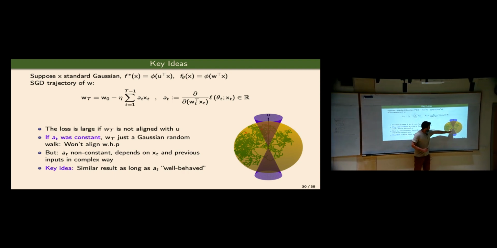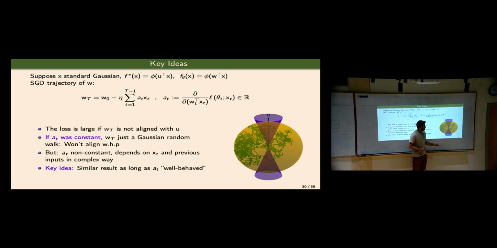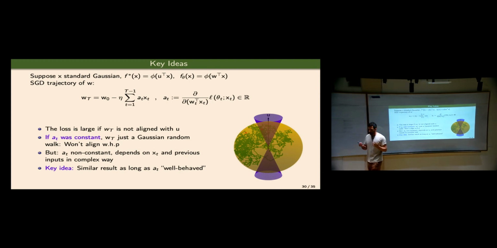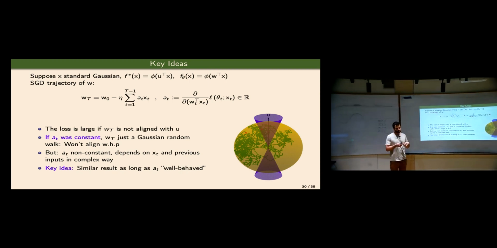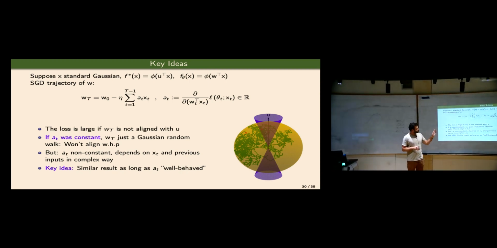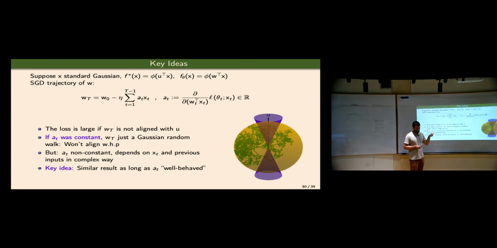If this is the u direction, we want the weights W to be relatively aligned with u. So this is like this purple cone. But when we initialize W in general, it's not going to be. If you take a random W, the alignment with u is going to be roughly on the order of 1 divided by the square root of d, more or less. It's going to be small. And so until you find this cone, you're just wandering around.